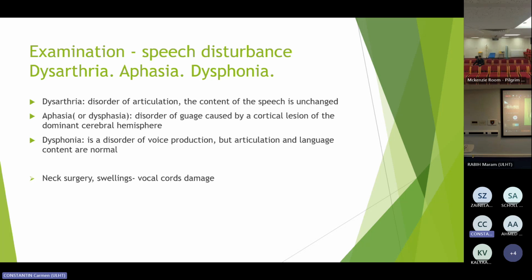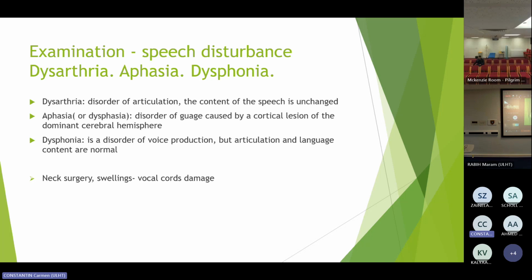It's very important to remind ourselves that we can have vocal cord damage in neck surgery. For example, in our specialty, we have carotid surgery, the endarterectomy, when post-surgery we can have the vocal cords unfortunately damaged, very rarely, but it is one of the possible complications.